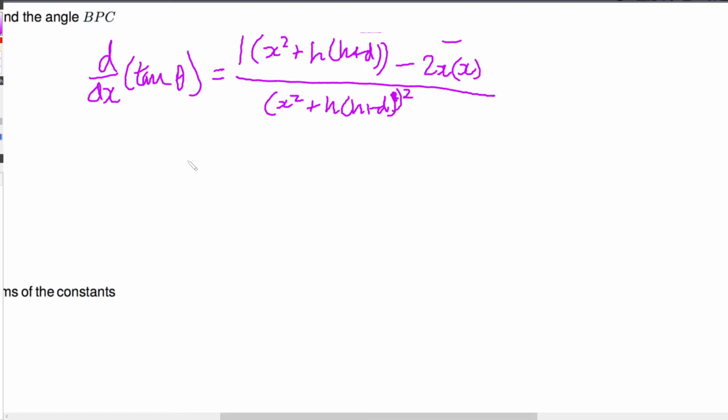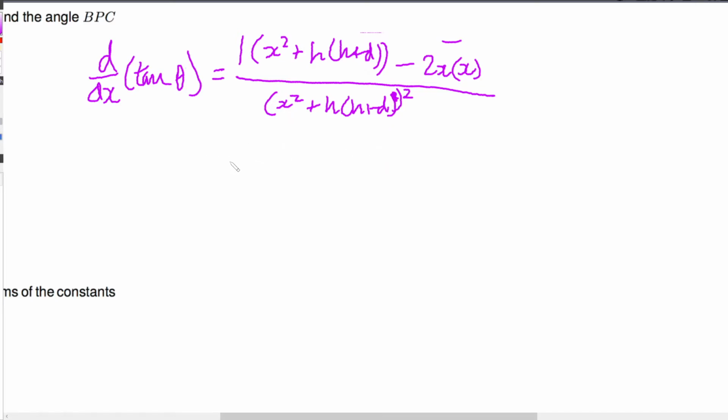Let me figure something out. Okay, not all is lost. This is still a useful expression.